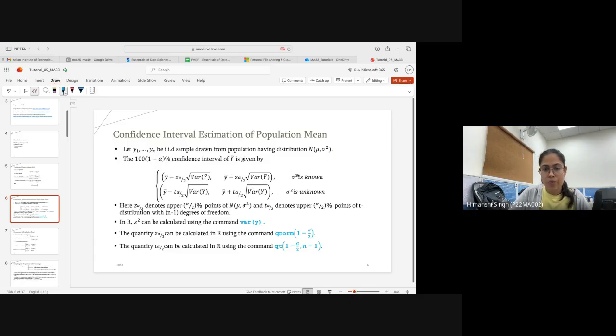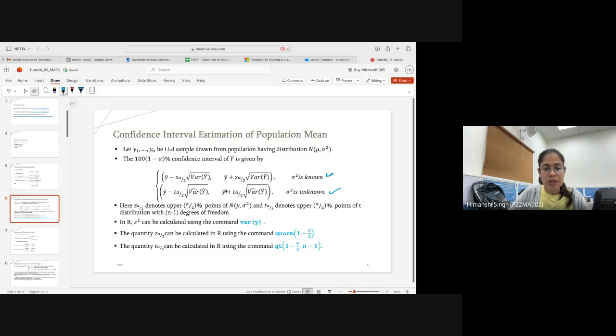Sigma square here is the population variance, and we are considering our random variables to be from the normal distribution with parameters mu and sigma square, and I want to calculate the confidence interval for the mean. So this is the confidence interval if sigma square is known, and this is the confidence interval if sigma square is not known.